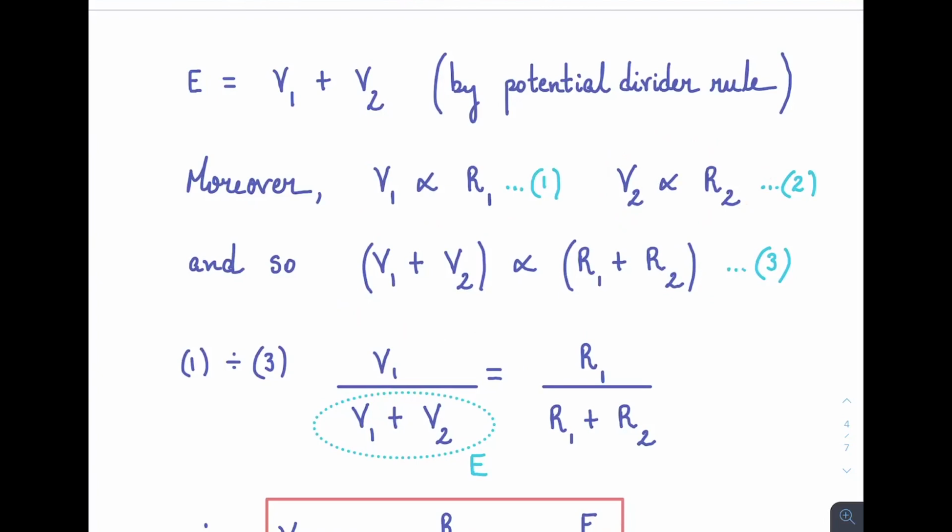So if we divide 1 by 3, we get V1 on V1 plus V2, which is simply E, which is equal to R1 on R1 plus R2.